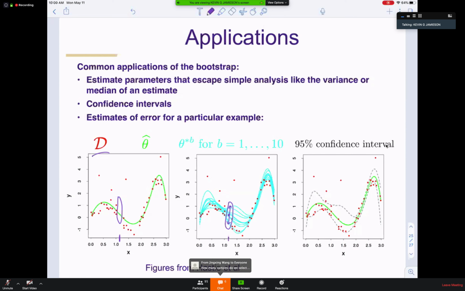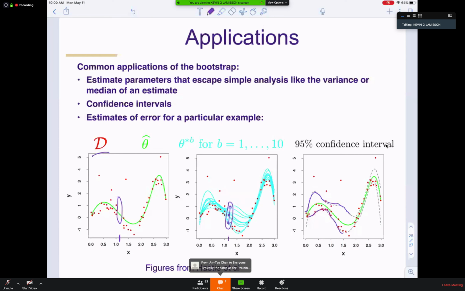And so what you can do is take the top 2.5% and the bottom 2.5% and build these 95% confidence intervals. What they're saying is that with probability 0.95, the point-wise value of my function is going to be within these confidence levels. This is not saying everywhere, which is a subtle point.